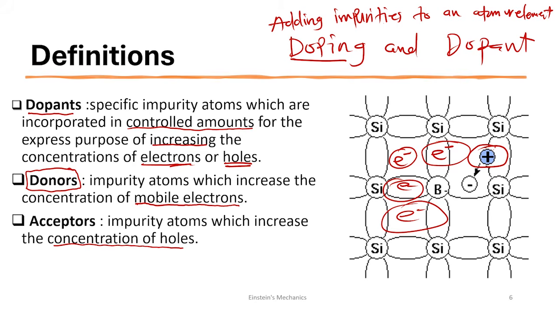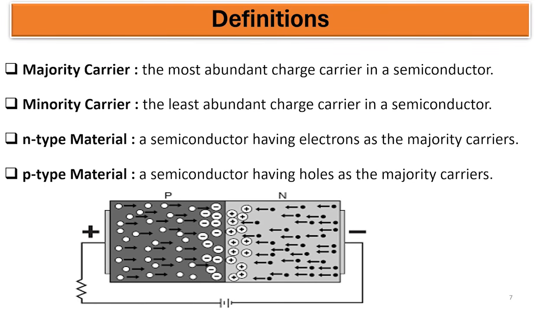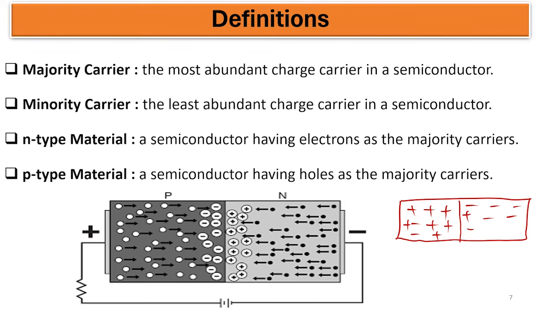So once we have all this idea, it is quite easy for us to understand basic explanations. We also talk about majority carriers and minority carriers. Now, if we take a semiconductor, let's divide it into two. We have the negative section, with some negative, positive, positive, negative, positive, and here we have negative and some combination of some positives.